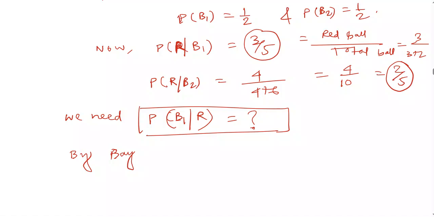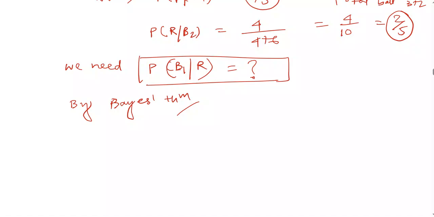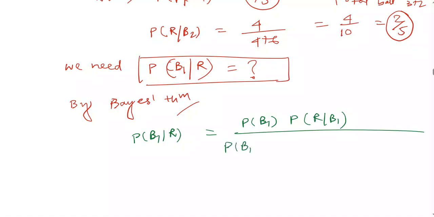What is the probability it comes from the first box? It is given that the ball is red. So by Bayes theorem we can write probability of B1 given R is equal to probability of B1 times probability of R given B1, divided by probability of B1 times probability of R given B1 plus probability of B2 times probability of R given B2.